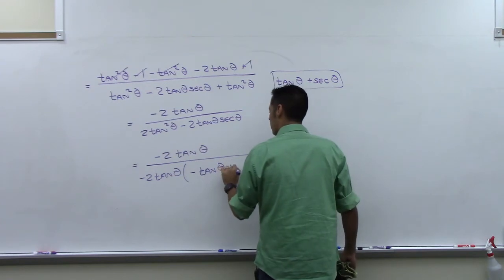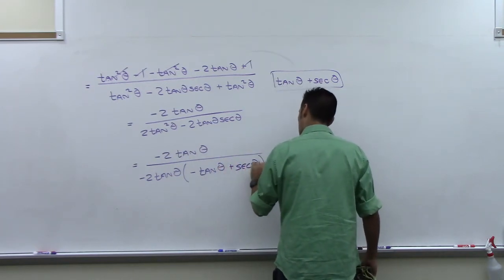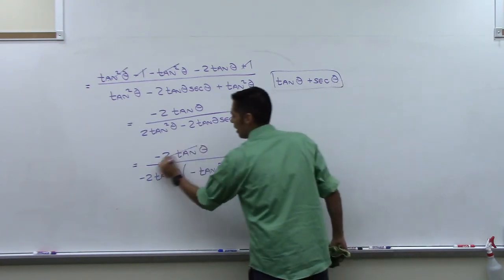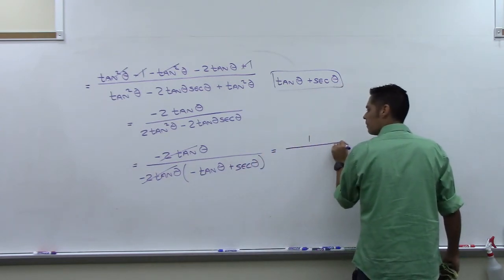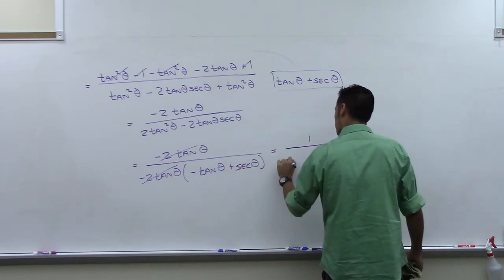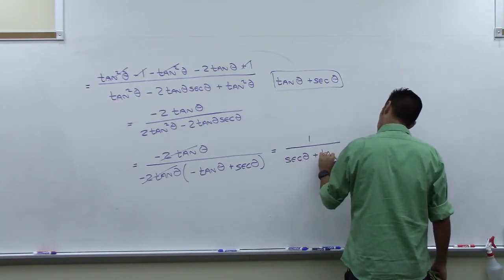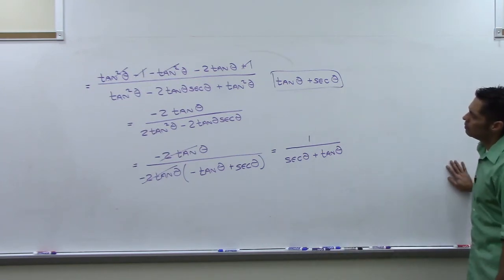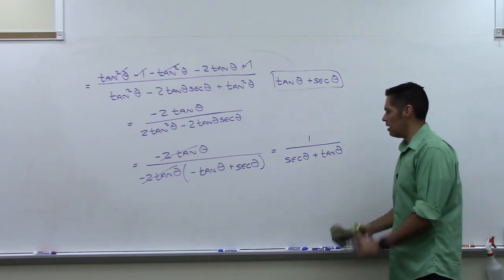And then here I'm going to have a plus secant theta, like that. And now these cancel, and you're left with 1 over, I'm just going to switch the order of those, secant theta plus tangent theta. Okay, that is not this. That is not that.